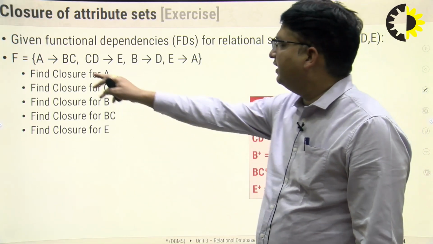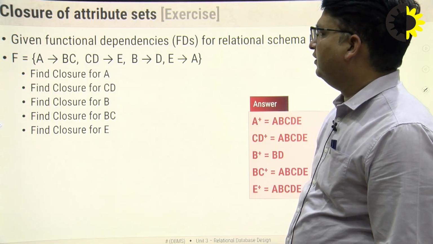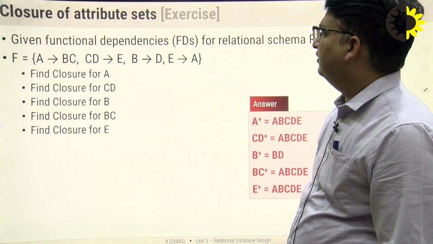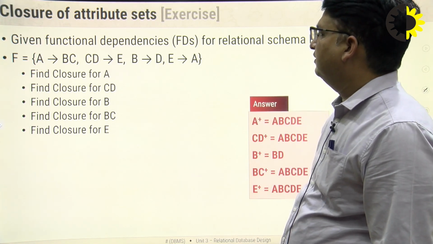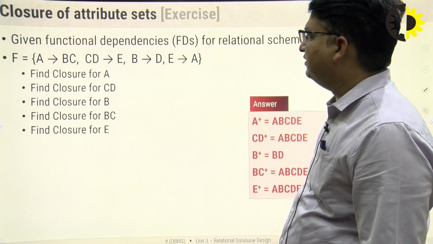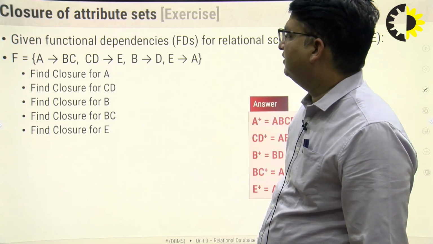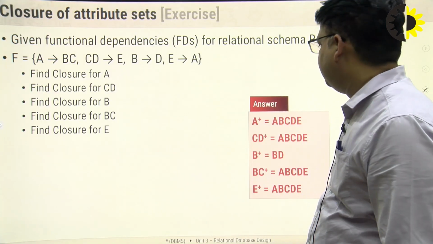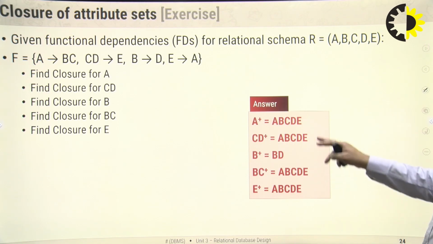Now, A determine BC, right? So ABC is there. Now B determines D, then it is ABCD, and CD determine E, then the closure of A is ABCDE. So this is a candidate key.